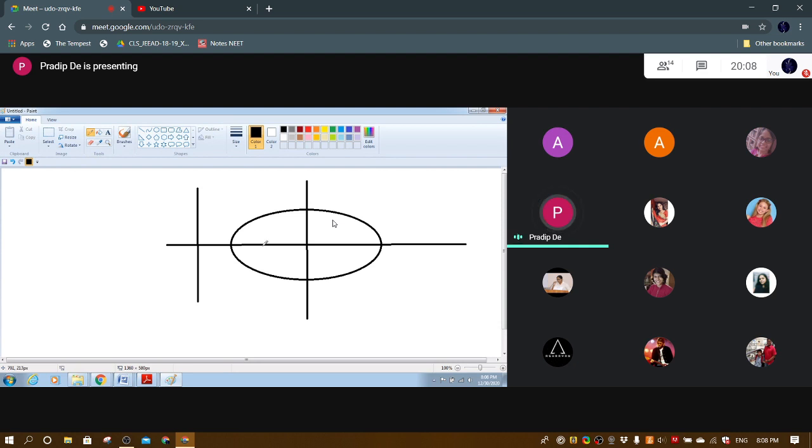This is one of the foci, you may call it F1, and I name it S. Here's a point P with coordinates x comma y. This is a moving point P.